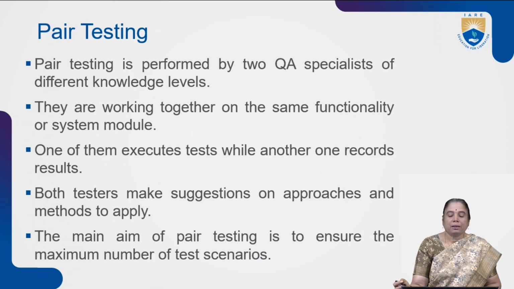Another category of ad hoc testing is pair testing. Pair testing is performed by two quality analysts, specialists of different knowledge levels. That's why it is called pair testing. These quality analysts work together on the same functionality or system modules.